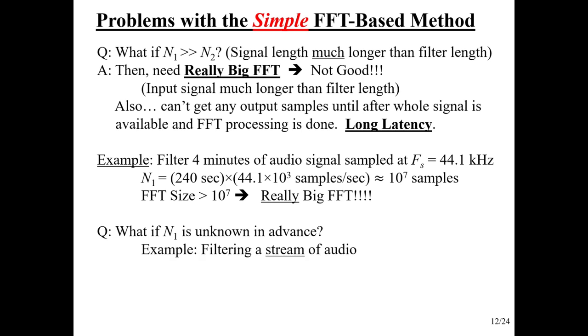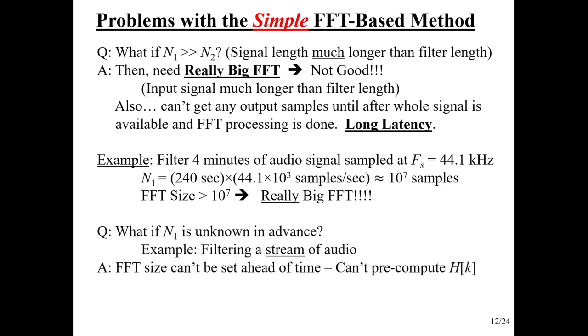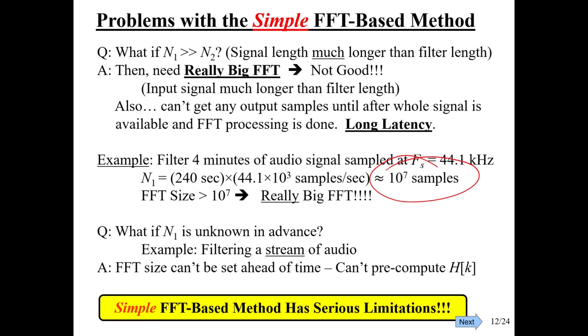So we don't know N1, so we can't really pre-compute the DFT of the filter. That's bad. That just creates one more large FFT that I have to do after I collect the signal. So this is not good.